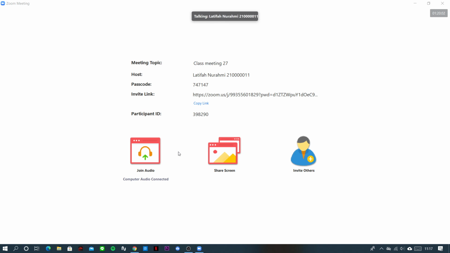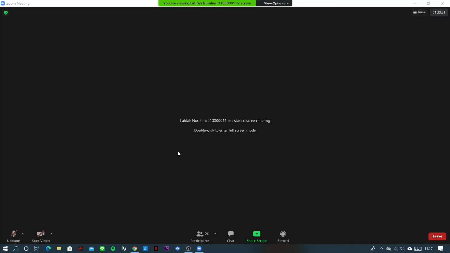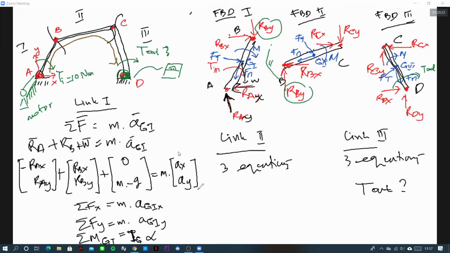I will finish with slider crank mechanisms, the dynamic force analysis. From the previous computations, I hope that you can finish it. I have written it for you for link 1, so I hope you can finish it for link 2 and link 3.